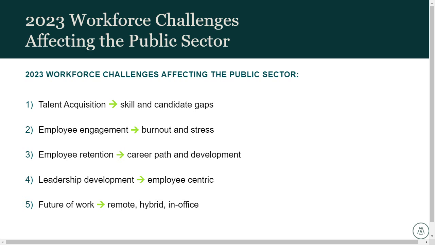Now, what's interesting about acquisition, engagement, and retention is all of these are linked together, right? When you think about your culture, the type of work, how you work, where you work, the people you work with, there are massive intersections in terms of these 3 areas.